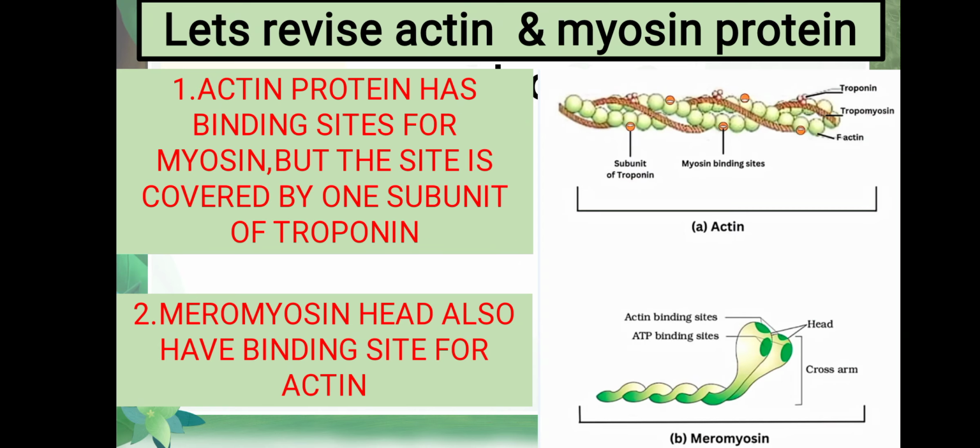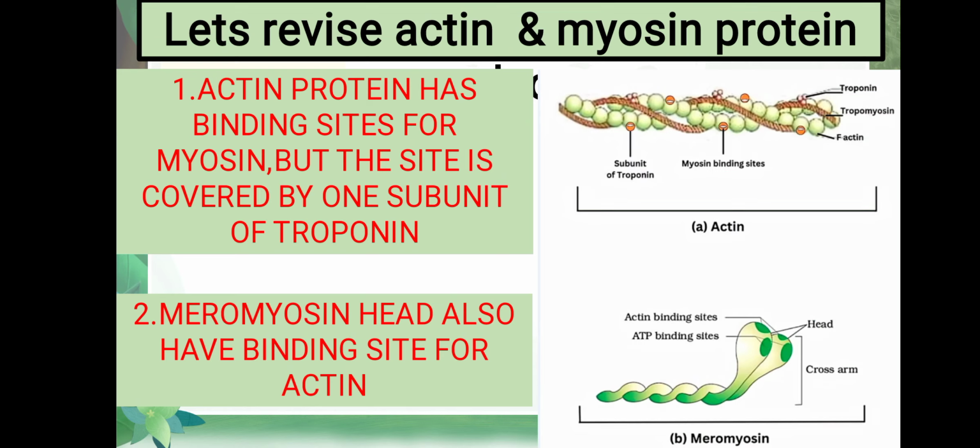Before starting, let's revise what actin and myosin are. Actin protein has binding sites for myosin, but the site is covered by one subunit of troponin. You can see in the figure. Likewise, the meromyosin or myosin head also has a binding site for actin and an ATP binding site. More importantly, both have sites to connect with each other.